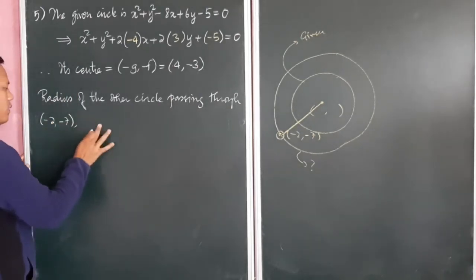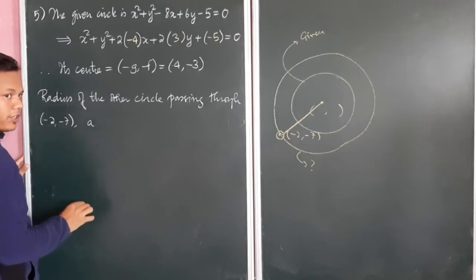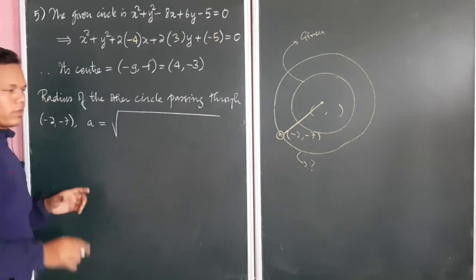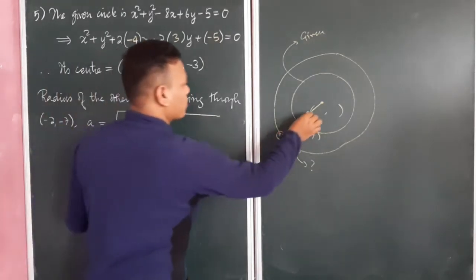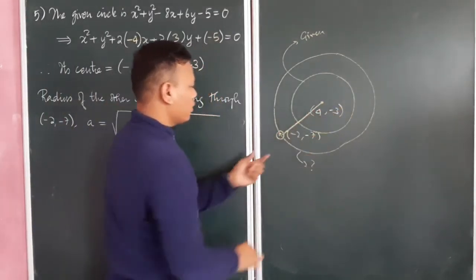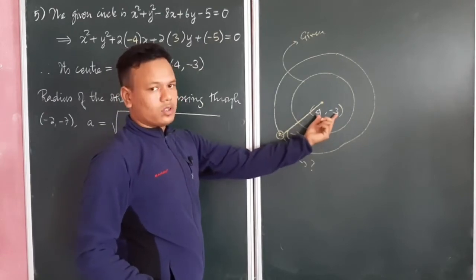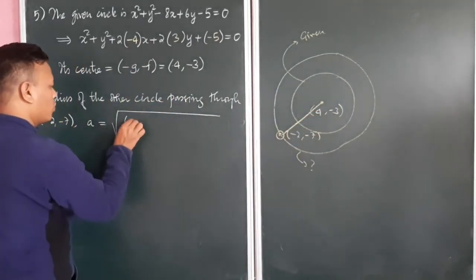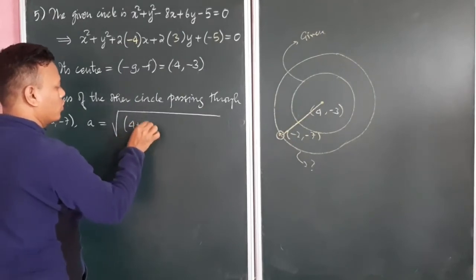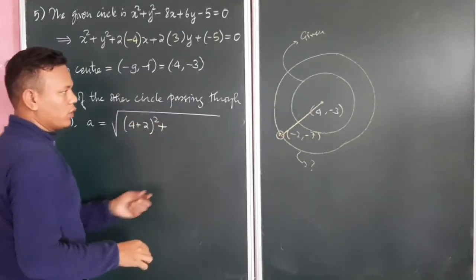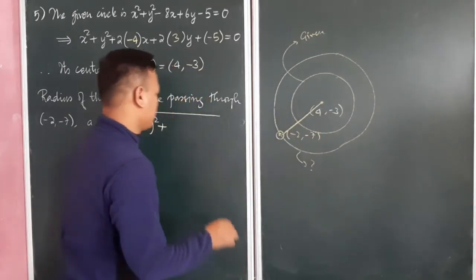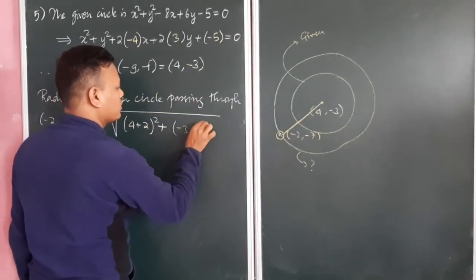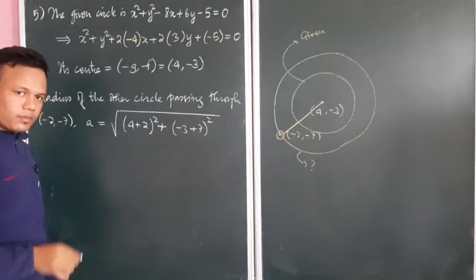Let me call the radius A. This will be given by the distance formula. The center is 4 comma -3. Remember, call this x1 y1 and this x2 y2. So we have x2 minus x1, that is 4 minus of -2 is +2 whole square, plus y2 minus y1, that is -3 minus of -7 becomes +7 whole square, right?